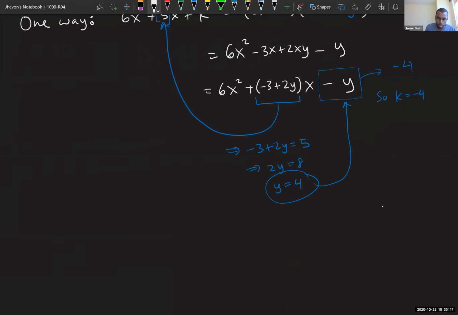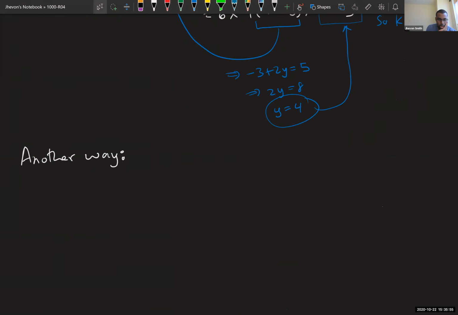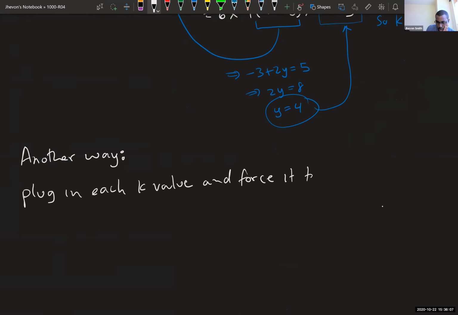Another way, probably the brute force way. A lot of people probably won't come up with the first way. But the brute force way is to plug in each k value and force it to factor with a 2x minus 1 factor.